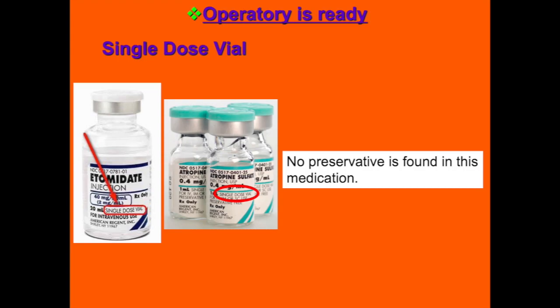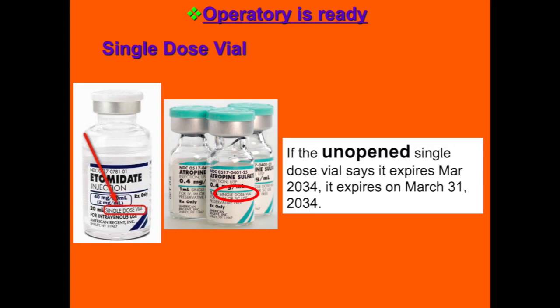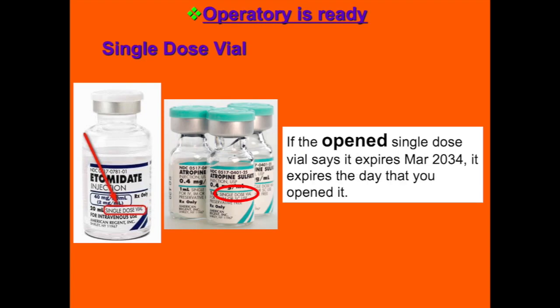Know the difference between a single dose and a multiple dose vial and when those expire. For single dose, if it's unopened, it's the date that is on the label of the medication. If the top is popped on a single dose vial, remember that there's no preservative there and it expires that day.